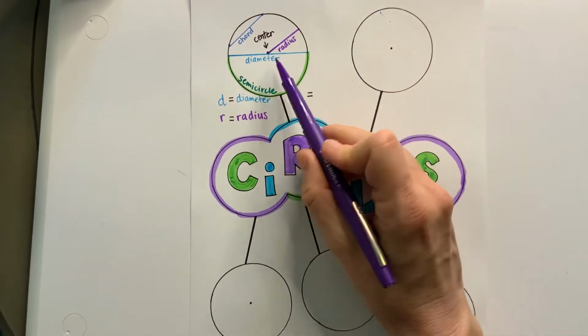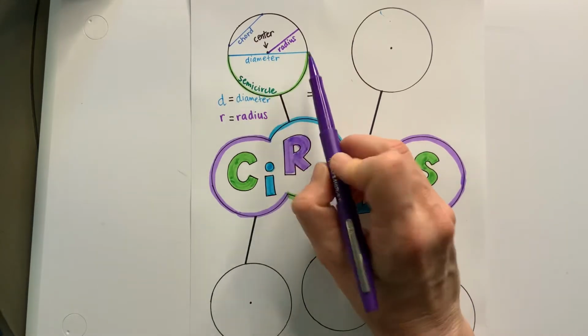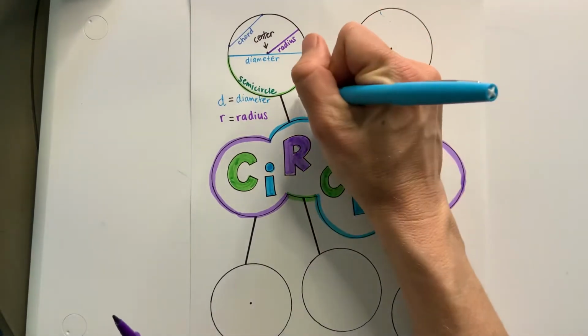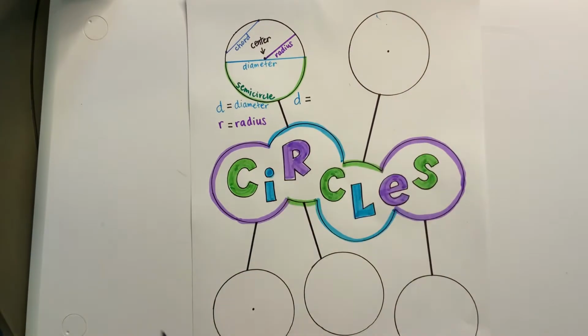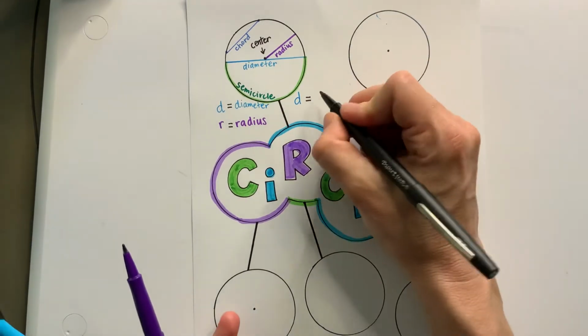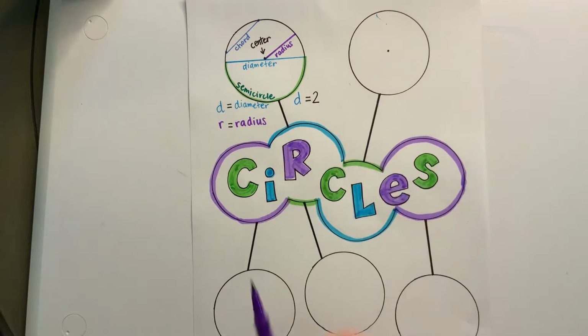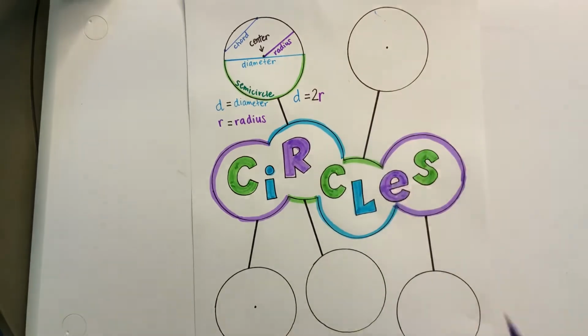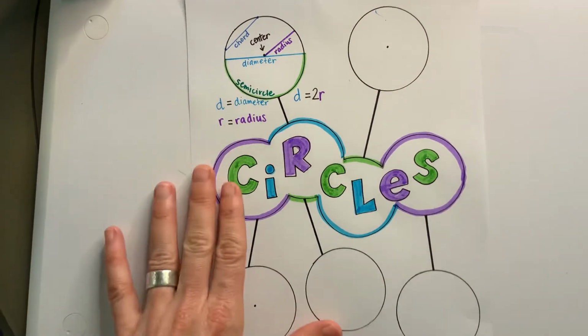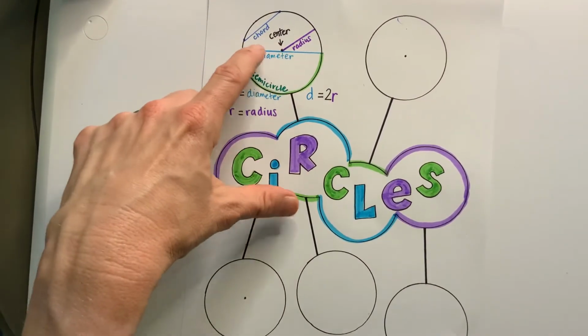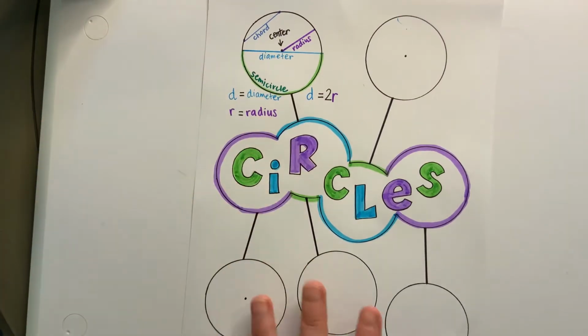And you'll notice the relationship between the radius and the diameter. So the diameter is always going to be equal to 2 times the radius. Or you can also think of it the other way around. The radius is 1/2 of the diameter, always.